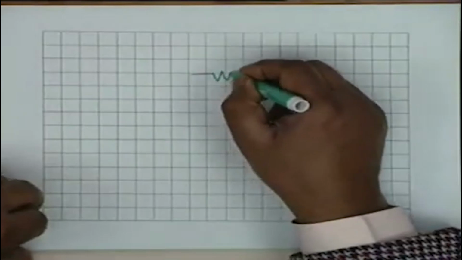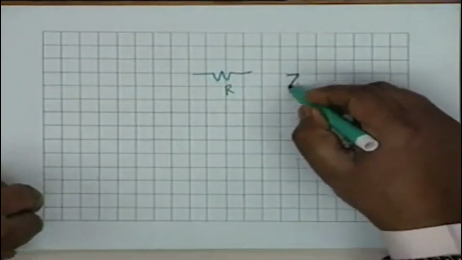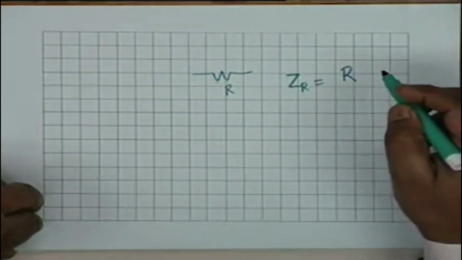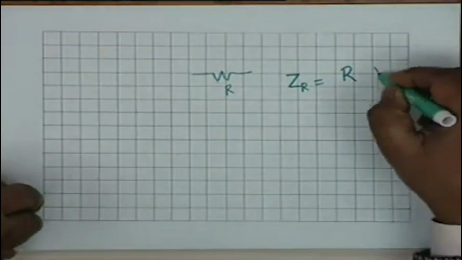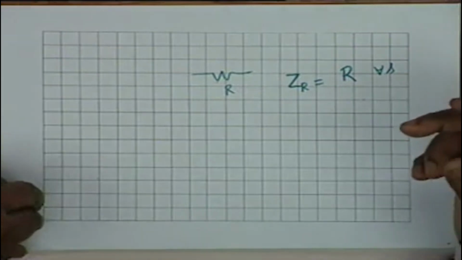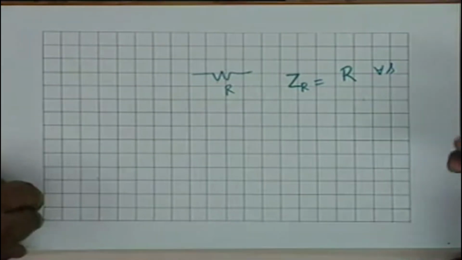For example, if there is a resistance R, then the impedance of the resistance is simply equal to R, irrespective of the value of s, whether it is e to the st where s is 0 or complex or real, it doesn't matter.